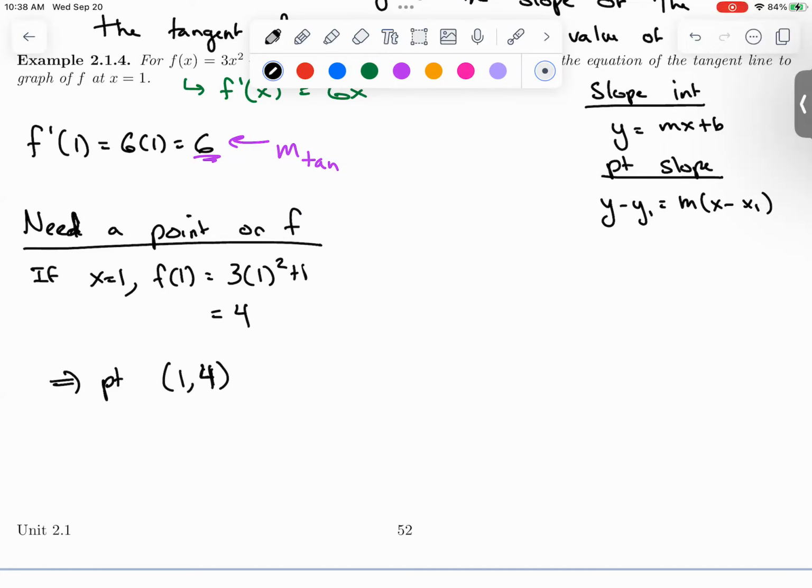So we have our slope, we have our point, so we can create our line. y minus y sub 1, so y minus 4 equals m, which is 6, times x minus x sub 1, which is 1. Or y equals 6x minus 6 plus 4, so y equals 6x minus 2.